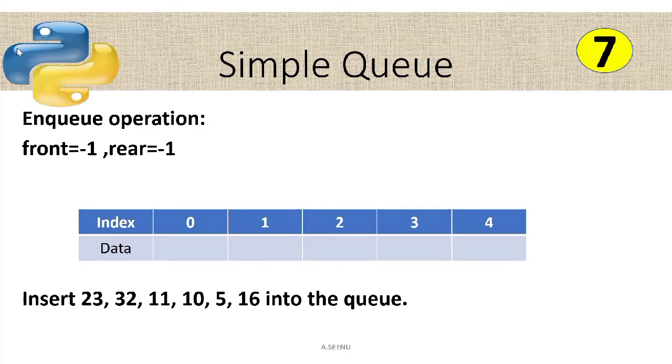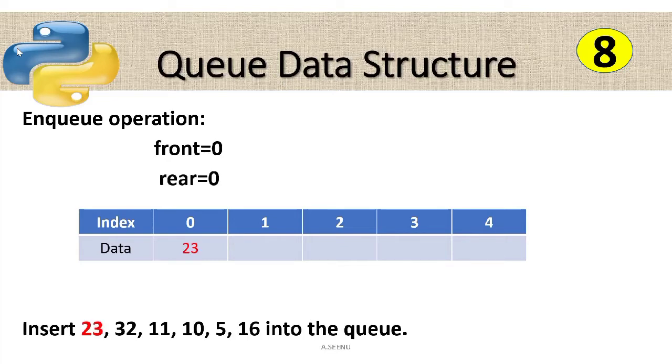Now my task is to insert the values 23, 32, 11, 10, 5, 16 into the queue. How will I do that? You can see that the element 23 entered the list. Front went from -1 to 0 and rear also from -1 to 0, because index 0 is the present front and the rear. Next I want to insert 32. You insert a value into the queue at the rear point.